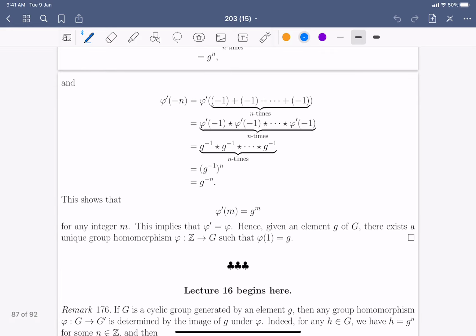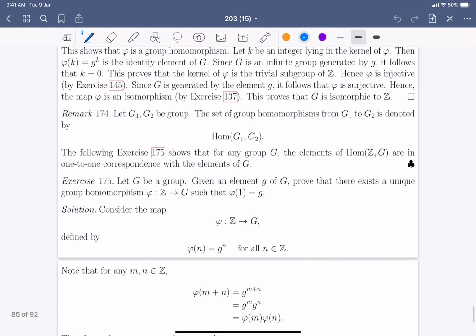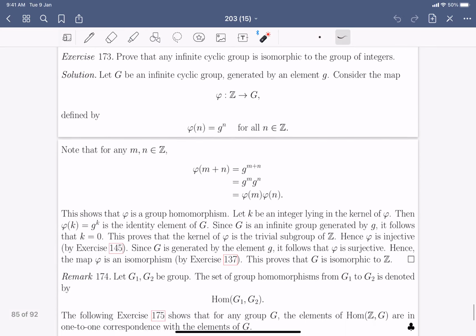Let's resume from where we left. In the previous lecture, we have been discussing a bit about this notion of group homomorphism that we have learned a couple of weeks back, I mean, last couple of weeks.